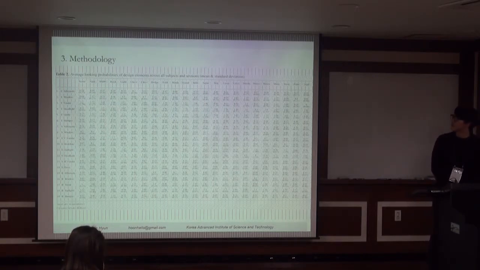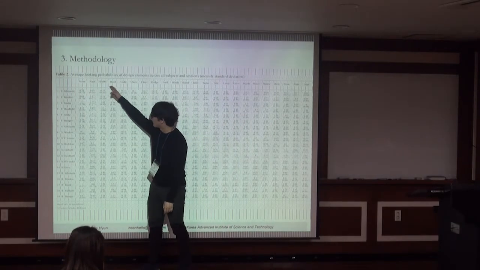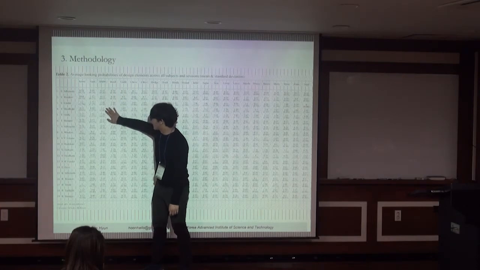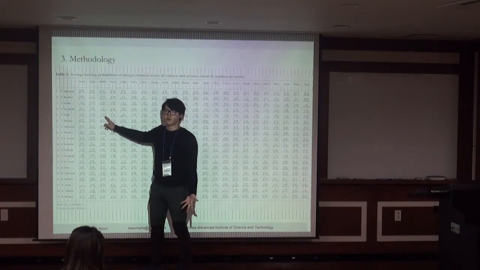Actually, there are some differences in looking probabilities per brand. For example, in BMW's case, this is really messy and hard to read, but people look the most at the grill, for sure.